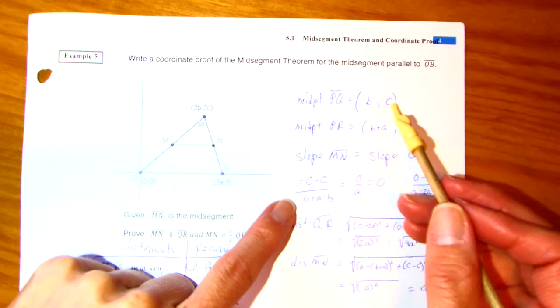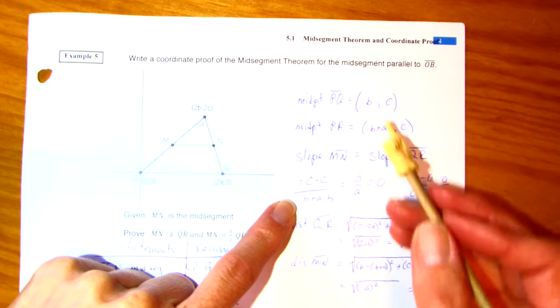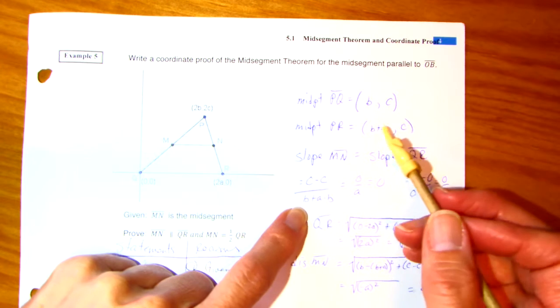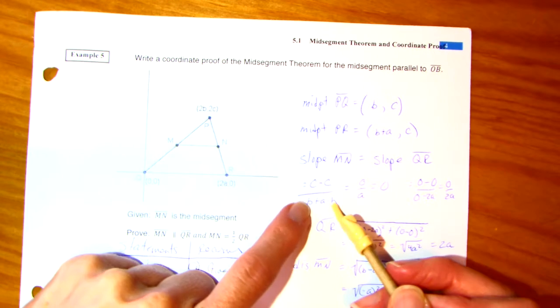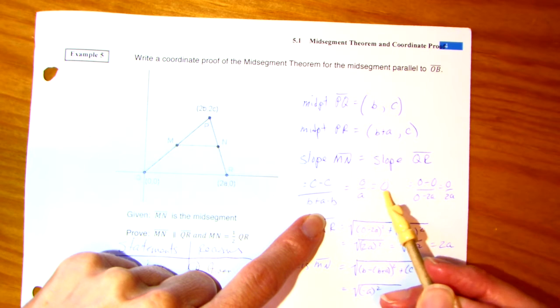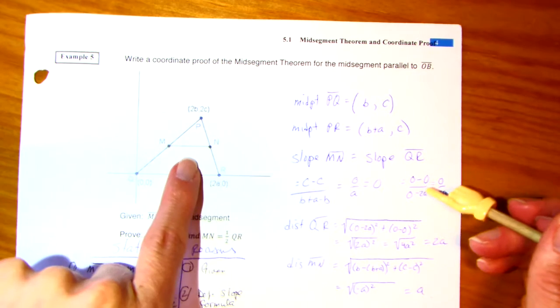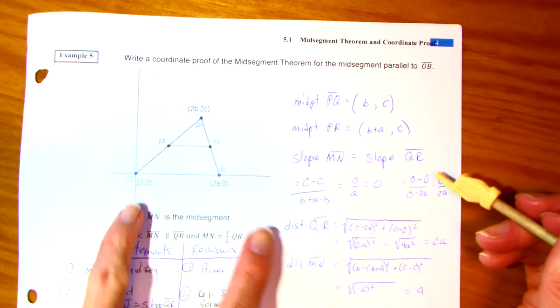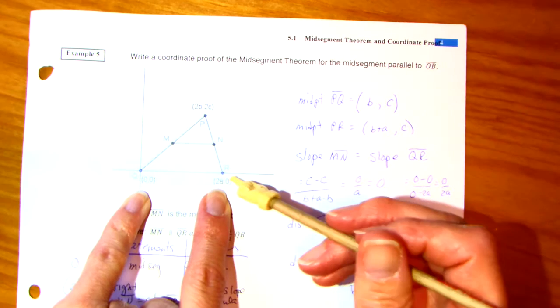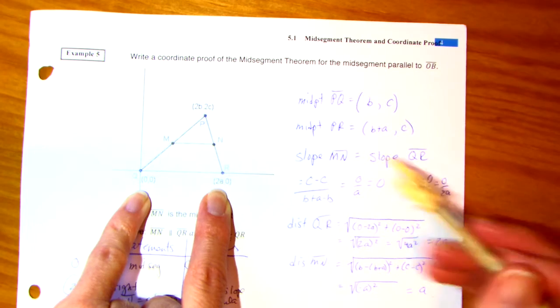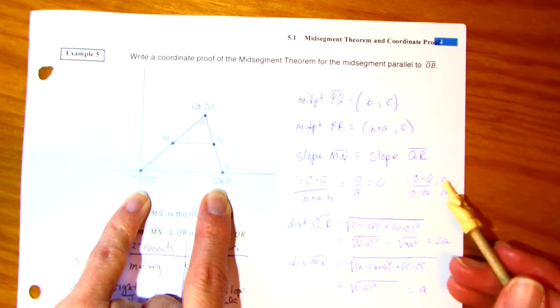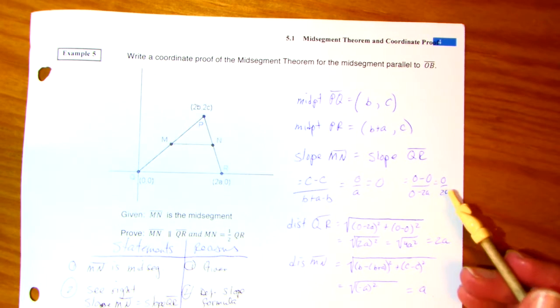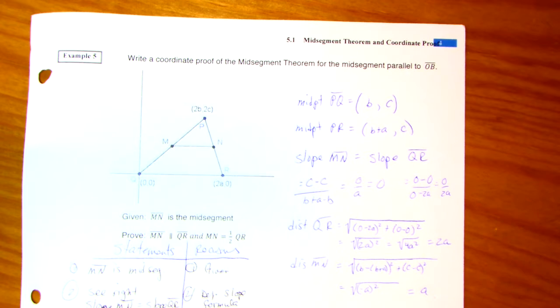So to find the slope, you take the change of y's, remember the y's are on top, over the change of x's. So c minus c over b plus a minus b. The b's will cancel, you get 0 over a, which is 0. Now the slope of QR, just go ahead and take the y's, 0 minus 0 over 0 minus 2a, you get 0 over 2a, you still get 0. So the slopes are 0 because they're horizontal lines.